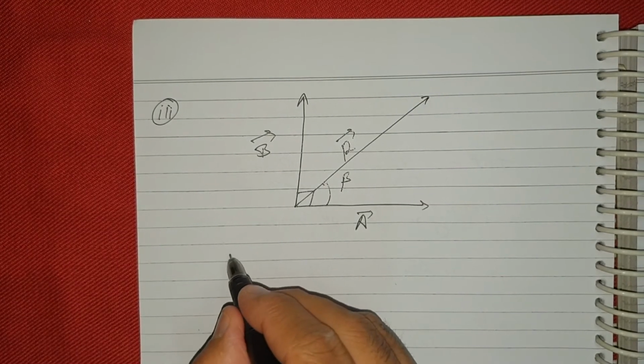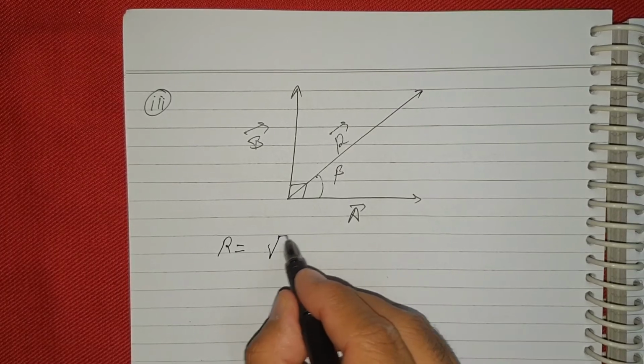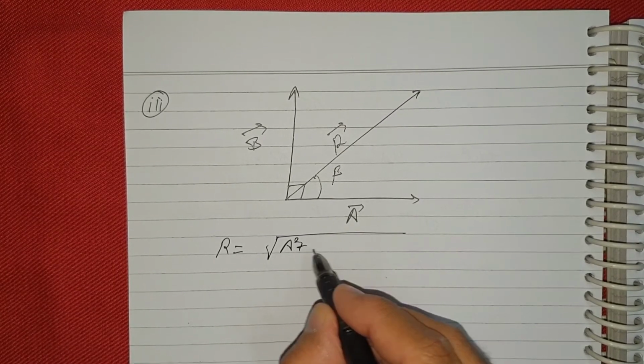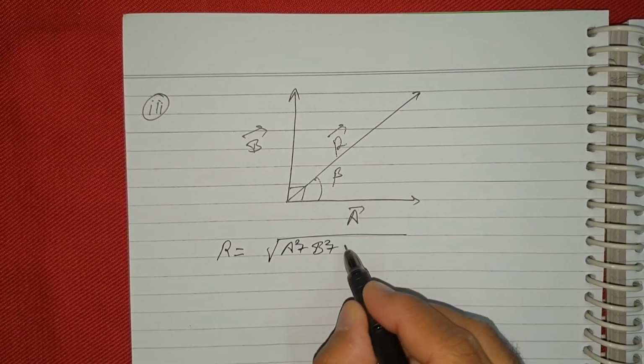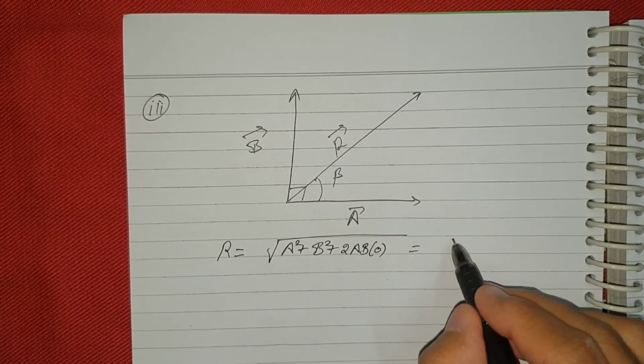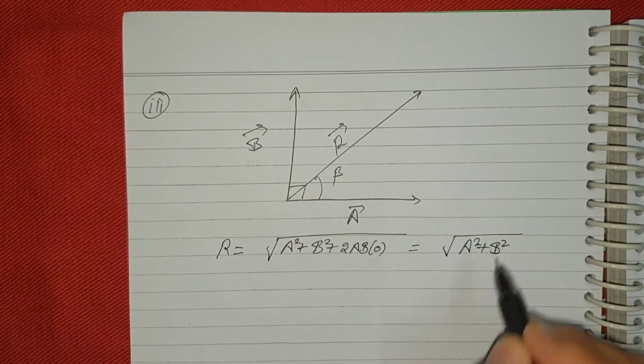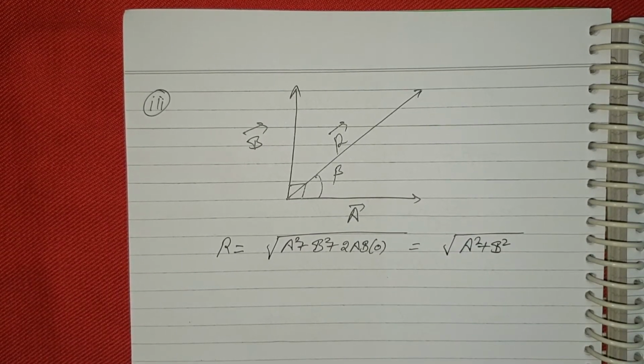Okay. So what is R? Cos 90 is 0. So this is under root of A square plus B square plus 2AB cos 90, but this is 0, which equals under root of A square plus B square. And what is tan beta?